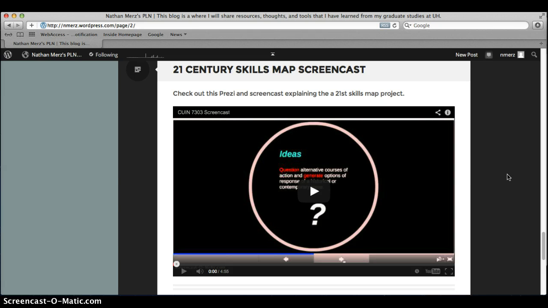The biggest thing that my skills map had to deal with was critical thinking and problem solving. So I break down what types of critical thinking and problem solving skills they will acquire through this skills map and the project that comes with it. And I also discuss how I would modify that skills map to fit into my 7th grade Texas history class.